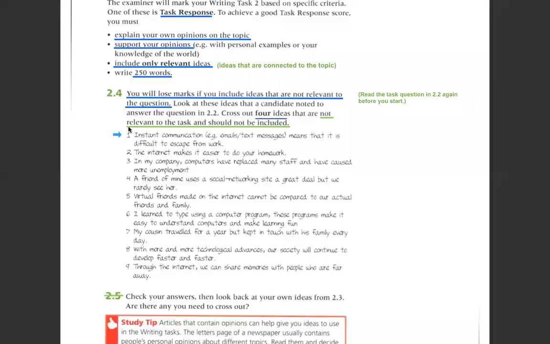I want you to just type relevant or not relevant in the chat box. So instant communication, like emails, text messages, means that it's difficult to escape from work. So is this relevant or not relevant to the question that we just looked at? Please type your answer in the chat box.